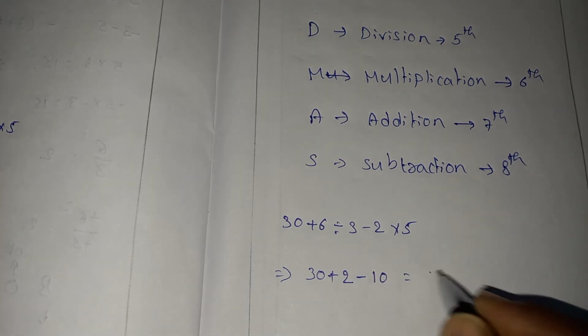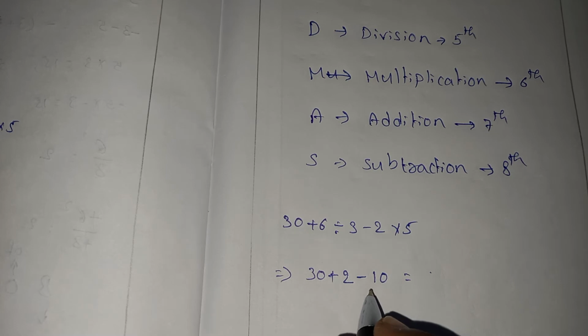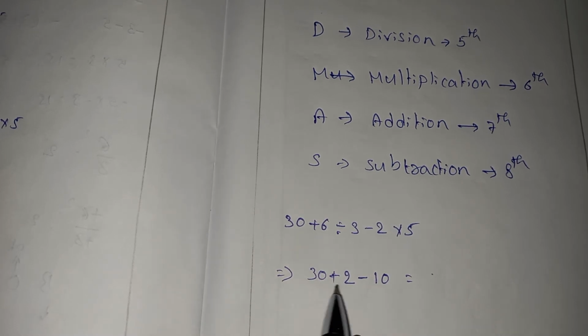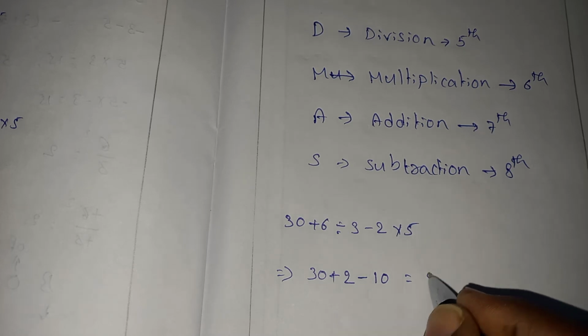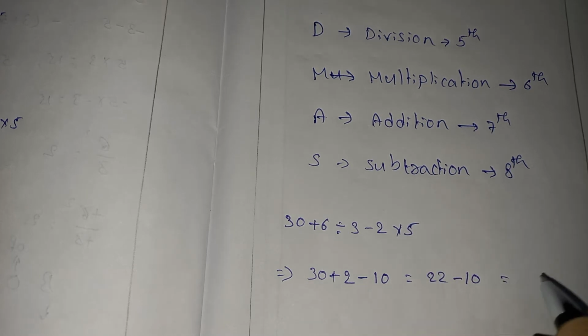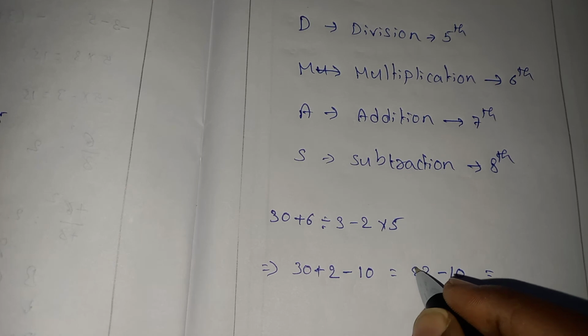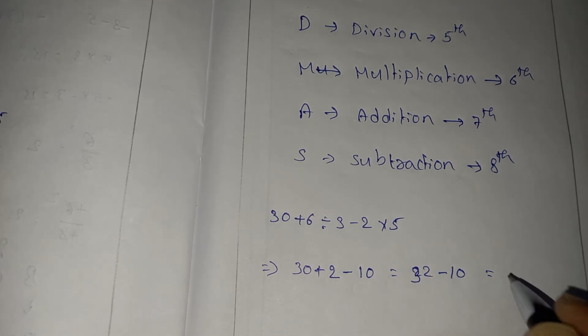Addition and subtraction have the same priority. 30 plus 2, 32 minus 10. So 32 minus 10 is 22.